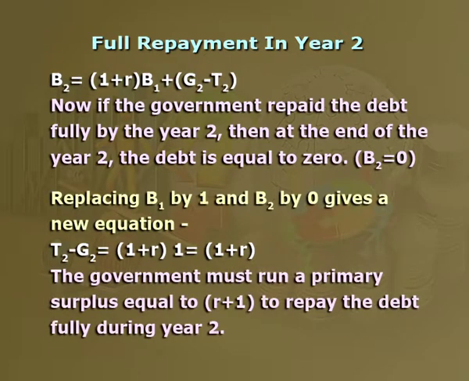The government must run a primary surplus equal to 1 + R to repay the debt fully during year 2. The government can do this in either of two ways: a decrease in spending or an increase in taxes. Here it is assumed that the adjustment will be through taxes, and hence the path of spending is unaffected.